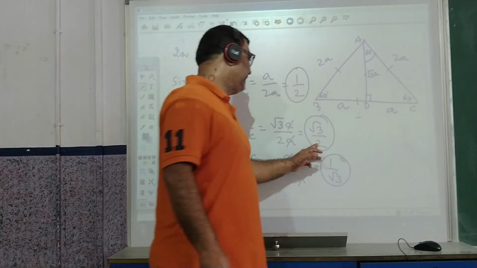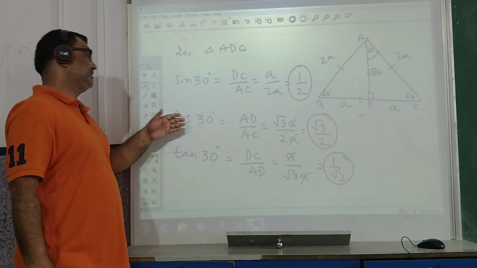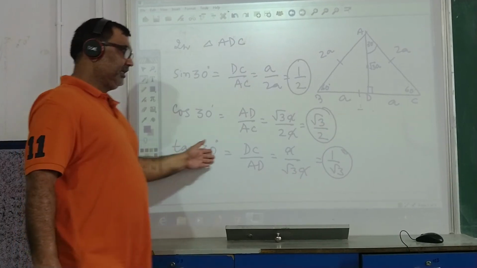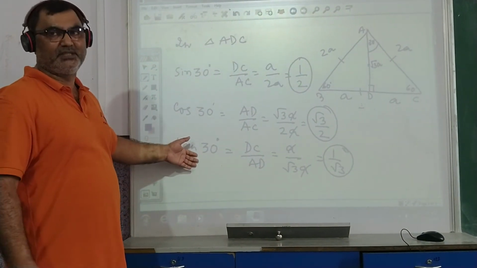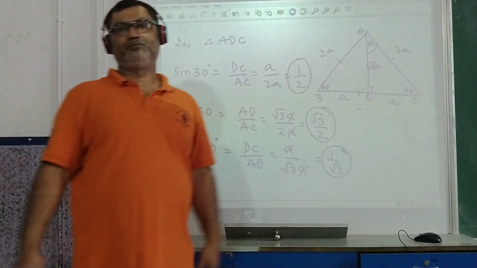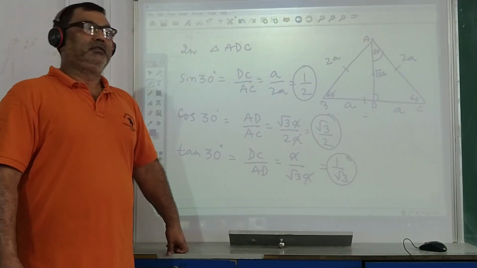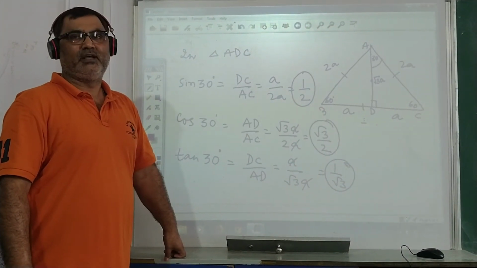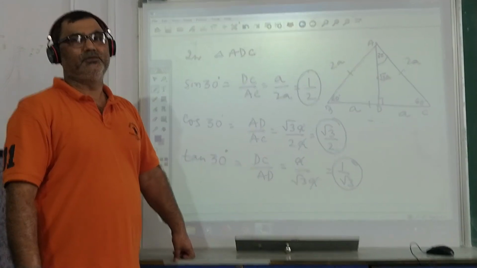Cos 30 is root 3 by 2, so sec 30 is 2 by root 3. Tan 30 is 1 by root 3, so cot 30 is root 3. I think now you all know the standard angle values, that is the values for 30, 45 and 60. Thank you.